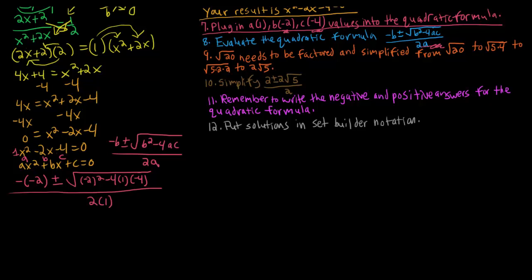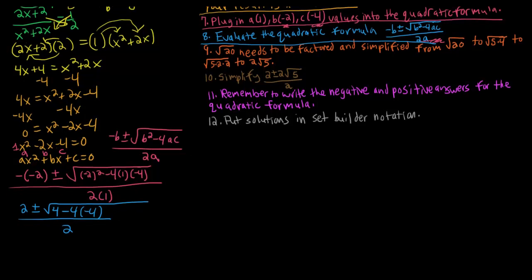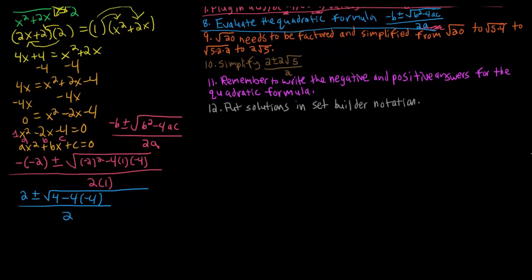And now going to step 8, we need to go ahead and evaluate the quadratic formula so we can evaluate these values. So negative times negative 2 is just positive 2, plus or minus the square root of 2, negative 2 squared is 4. Negative 4 times 1 is just minus 4, and then minus 4 in parentheses, all over 2. And keep evaluating this.